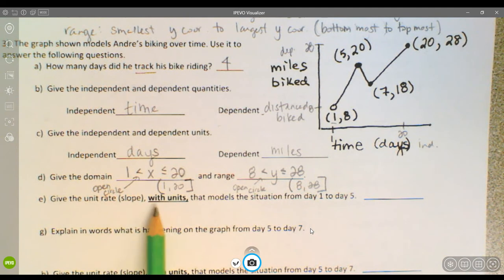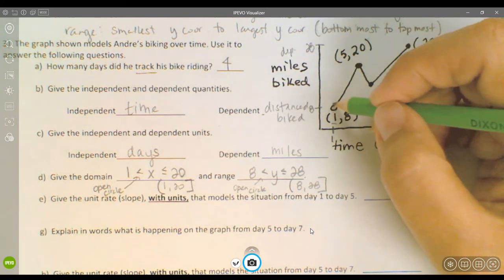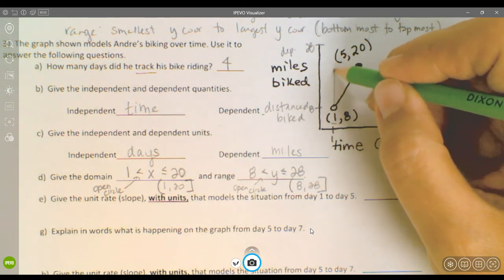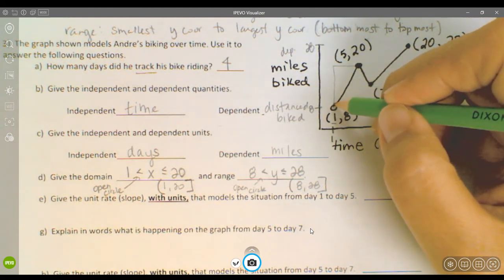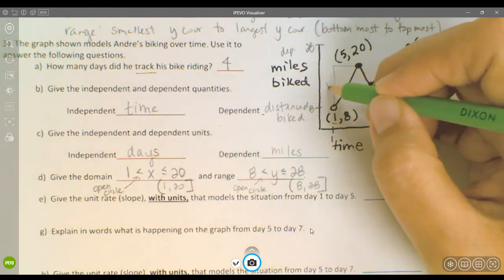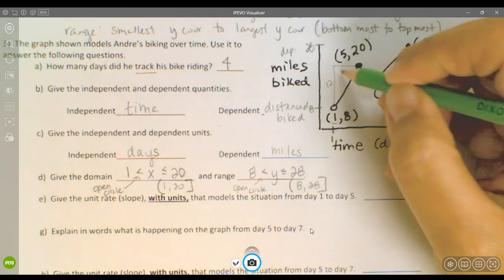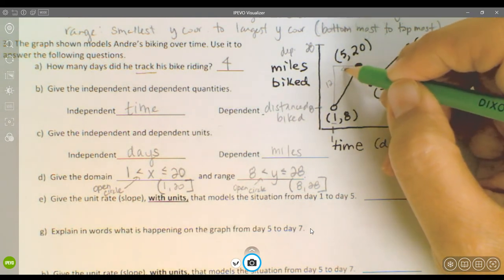Give the unit rate, the slope with units, that models the situation from day 1 to day 5. So I want to go from here to here. So what is my rise? I'm going from 8 to 20. And then my run, I'm going to the right 4.